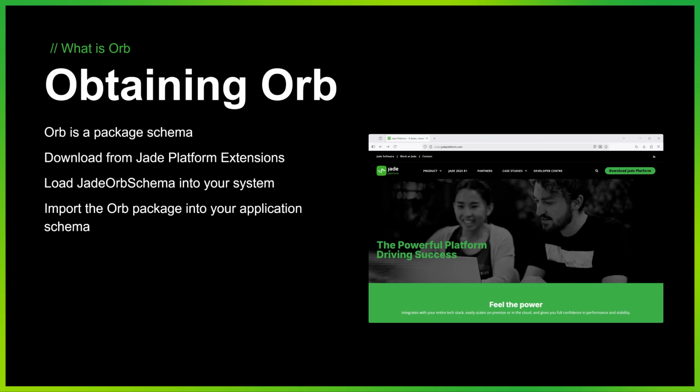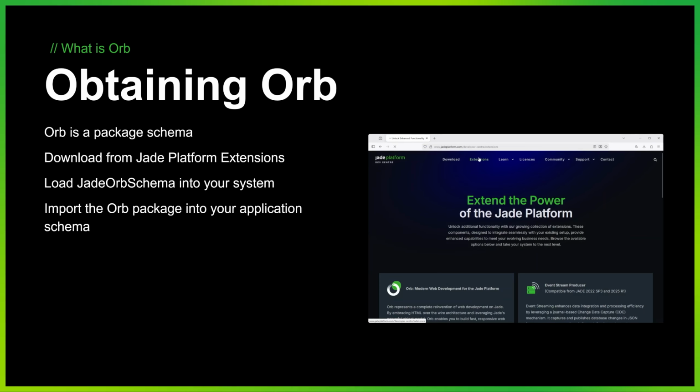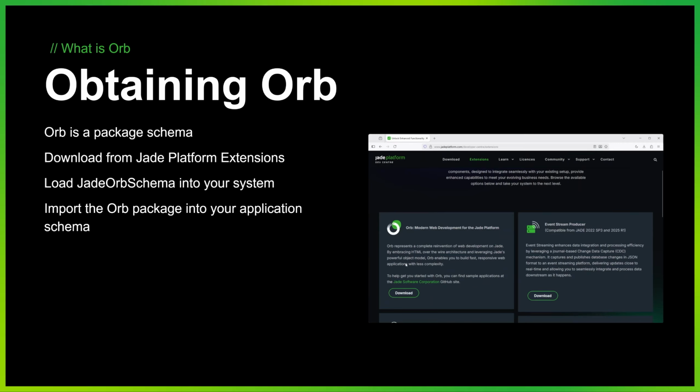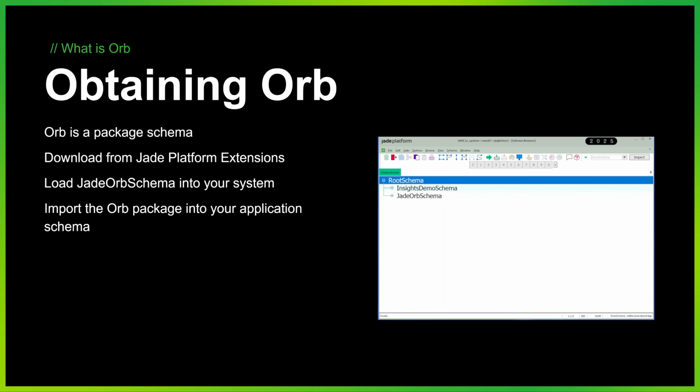Orb is provided as a package schema. You can download Orb from the Jade Platform extensions page on the Development Center. Once Orb is downloaded, you can load the Orb schemas into your system as usual, and then you import the Orb package into your application schema.